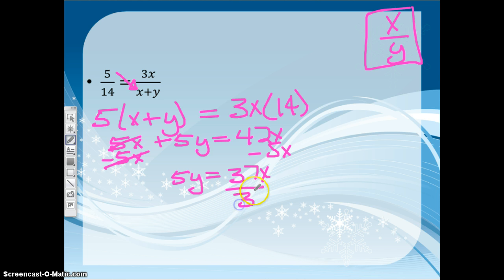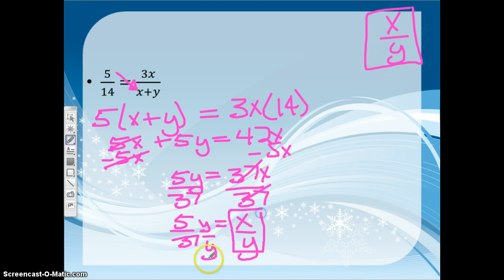We don't want that 37 over there, so let's divide both sides by 37. 5 over 37y is equal to x, but we want the ratio of x to y. Let's divide both sides by y. That's the ratio we're looking for. y divided by y is equal to 1. x over y is equal to 5 over 37, or 5 thirty-sevenths.